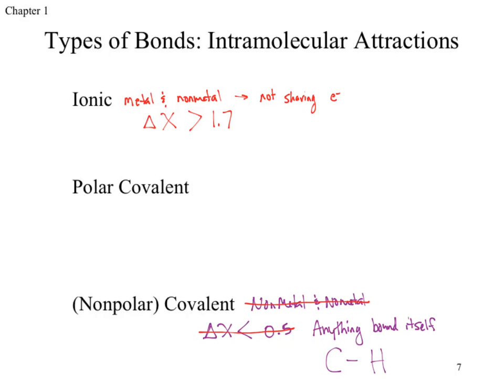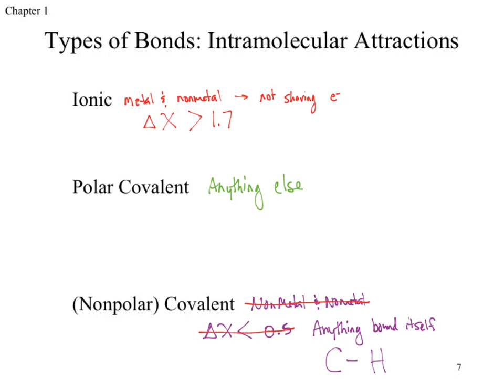We now have this big gray area in between. Okay? We got this polar covalent section. Okay? So we could go based off of both the ionic and our covalent bonds, and say anything that's left is going to be our polar covalent. Okay? That could work pretty well. Anything else?